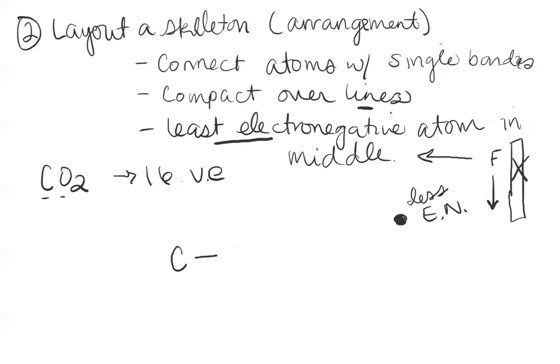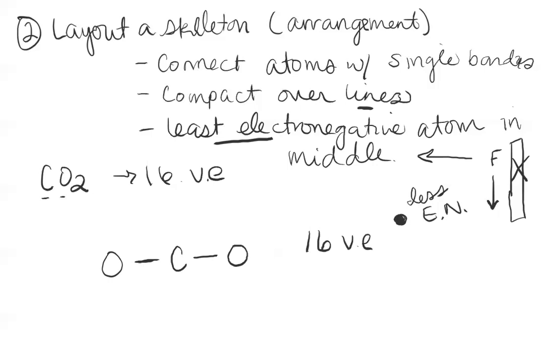I'm going to attach it with a single bond to an oxygen. Now I have another choice where to put the other oxygen: on this side by that oxygen, or over here by the carbon. Carbon is the least electronegative, so I put it on that side. We'll erase that. Now I have my skeleton laid out.